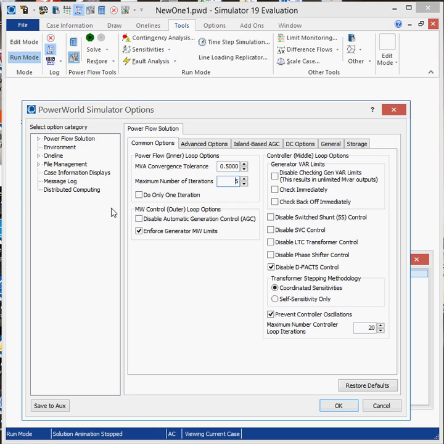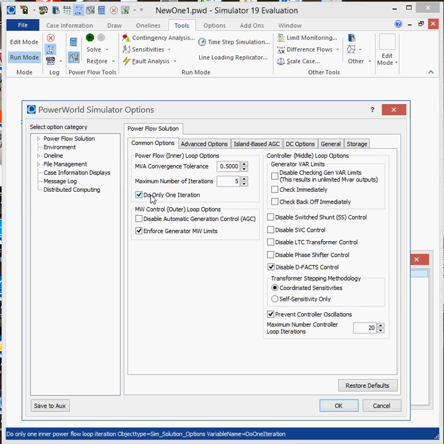Okay, so normally for Newton-Raphson, the number of iterations is typically between 3 to 4. So it's fine if you put 5 iterations. And then for this box, you need to create it.